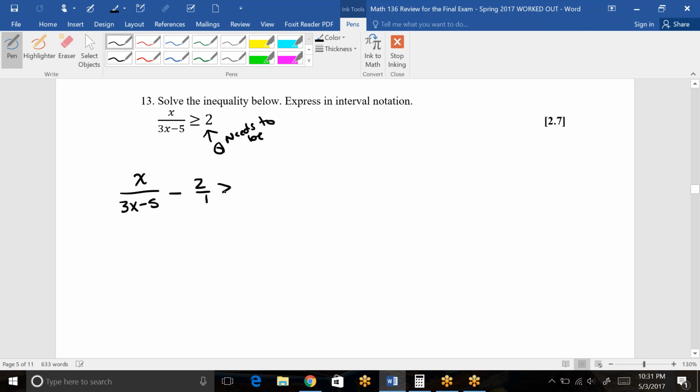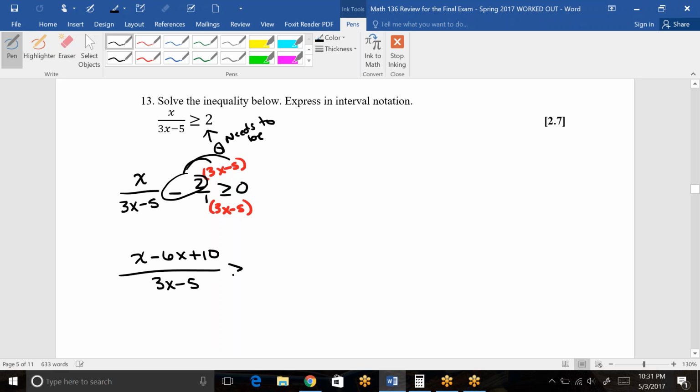I'm going to write it as 2 over 1, because the next thing is I'm going to try to get a common denominator by multiplying top and bottom of that second fraction by 3x minus 5. So I get x, and then I need to distribute not just the 2, but the negative with it. So this would be negative 6x and then positive 10, all over now a common denominator of 3x minus 5, greater than or equal to 0.